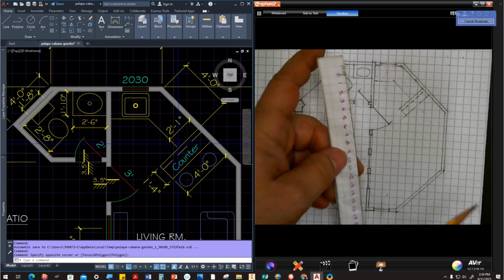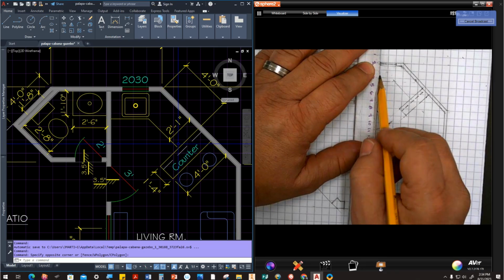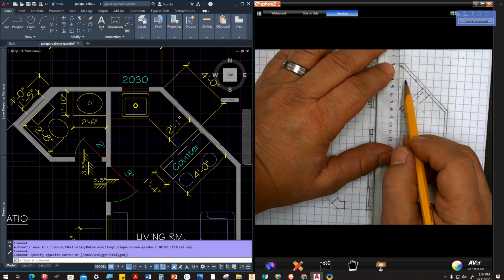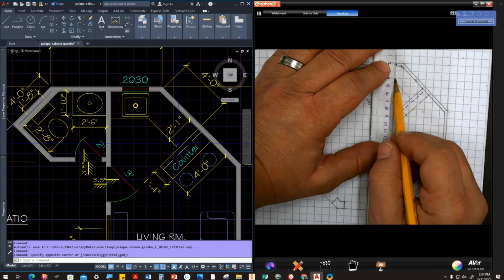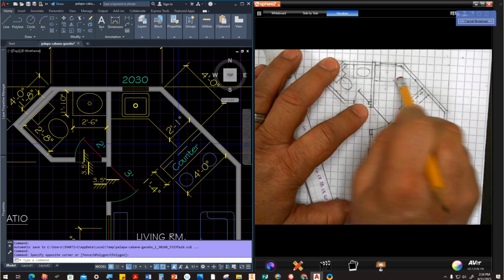Sink is 2 feet, just like the window. It's a single bin, and you can align it with the window.